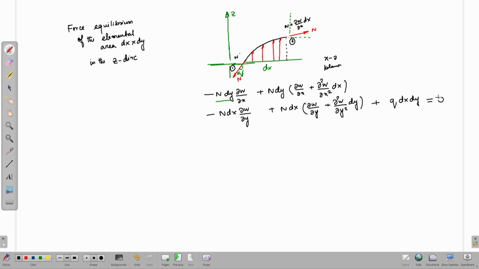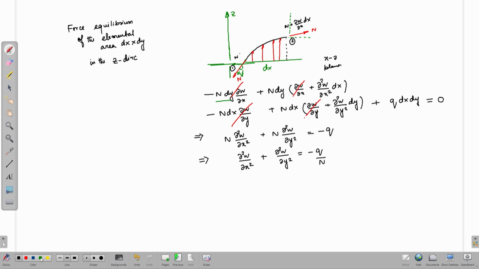Now, if I simplify this, then I will see that this whole equation, because this cancels out with this, cancels out with this, the whole equation boils down to N, which implies that, so this is the equation of W in terms of x and y.